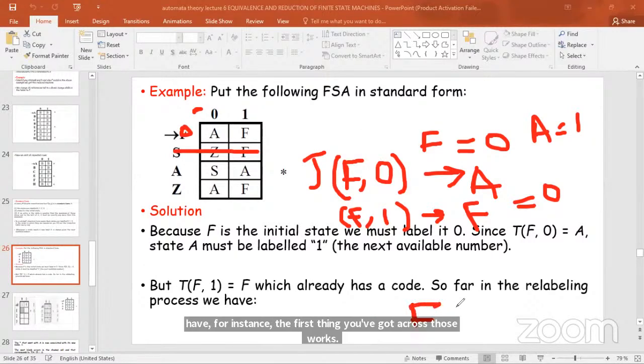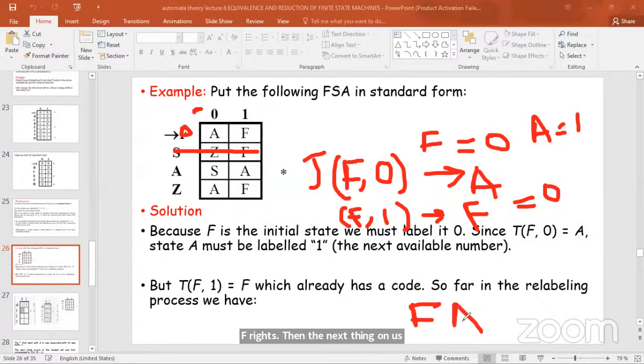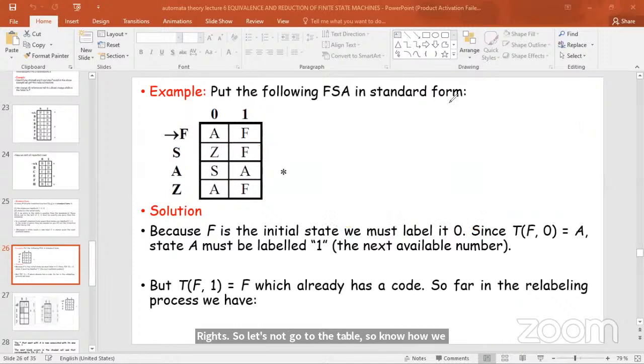Then the next thing under 0 is A, right? Then the next thing was F, but F is already here, so you cancel out this F. So what is the next state you are going to look at? You're going to be looking at state A, as against state S, right? So let's now go to the table, so we know how we'll fill up the table quickly.